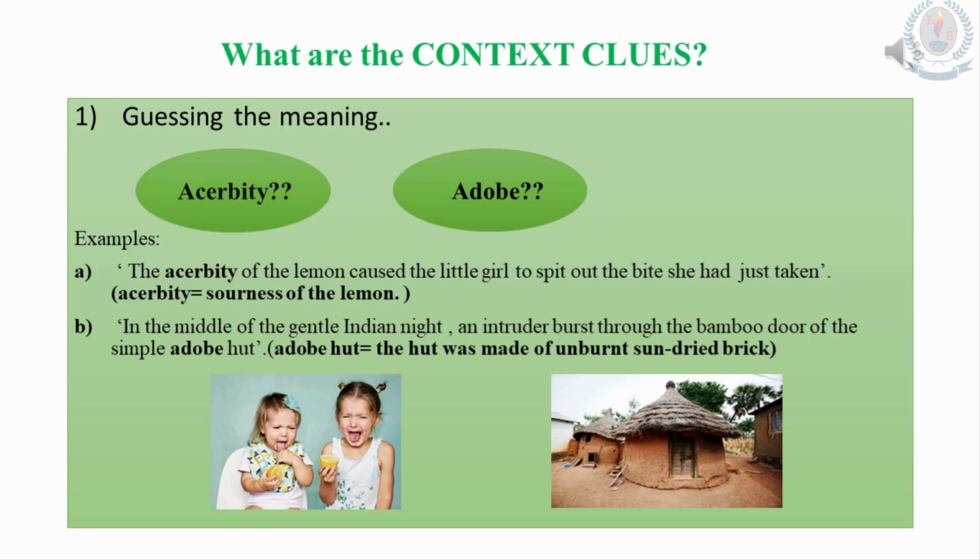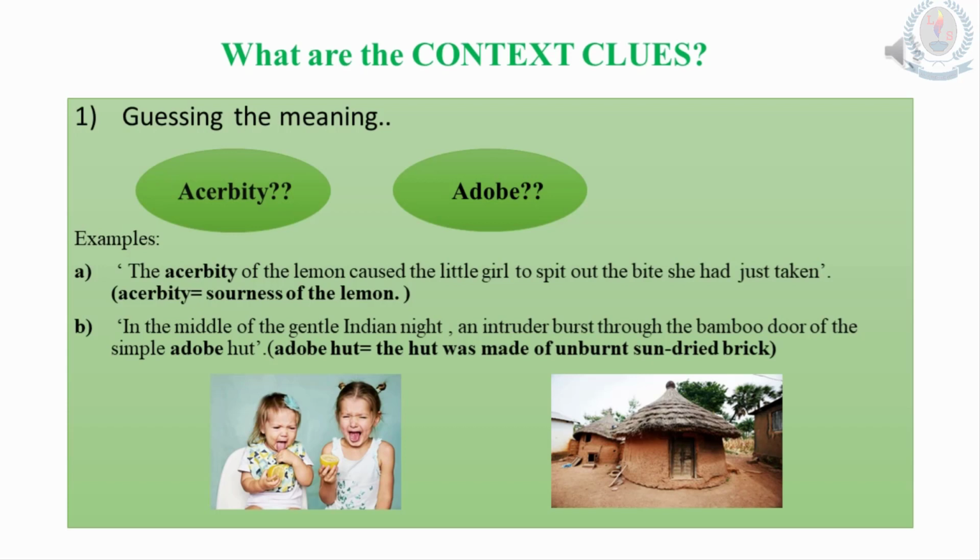So you can understand that she has spit out because of the sourness of the lemon. So acerbity means sourness. You can guess like that, because by reading the whole sentence, you know this thing has happened because of this reason. Like that you can guess the meaning here.